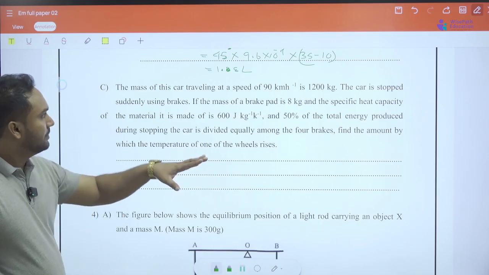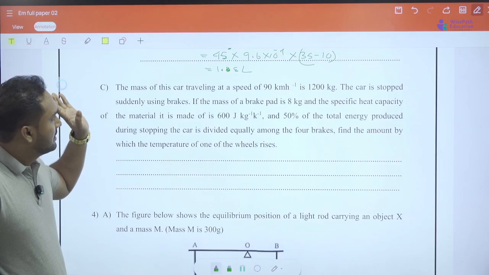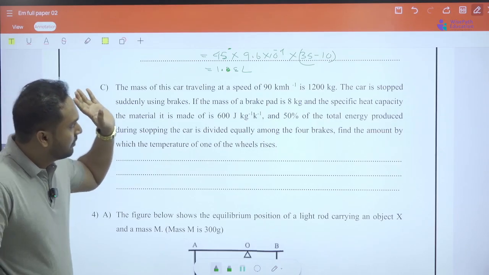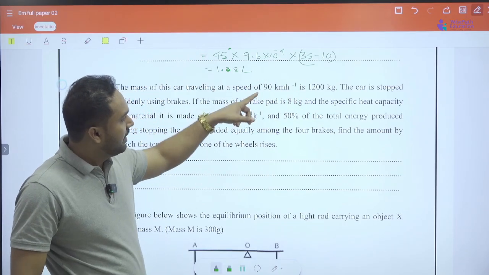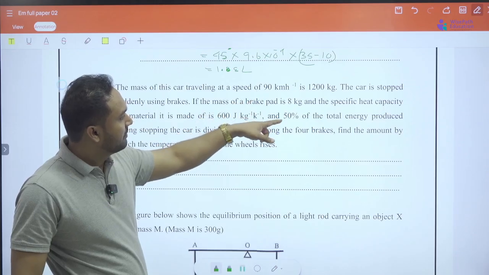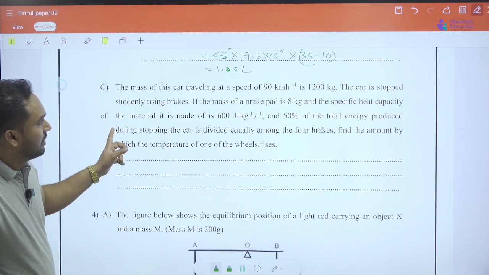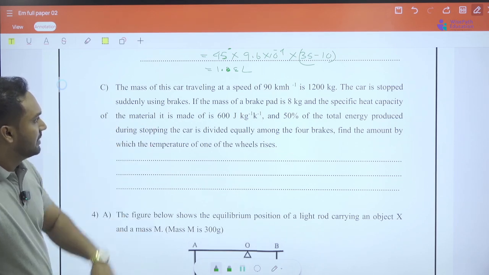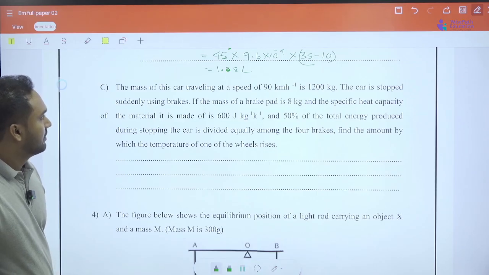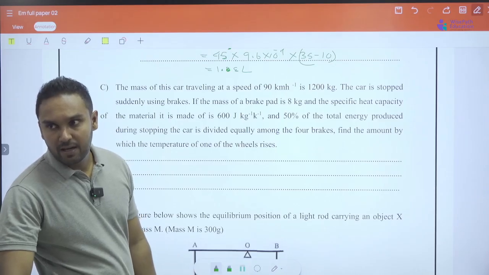When the car is stopping, 50% of the total energy produced during the stopping is given to the brake pads, and it's divided equally, and they're asking for the amount of heat. So you have to find the energy first. How do you find the energy? What is the energy of the car?